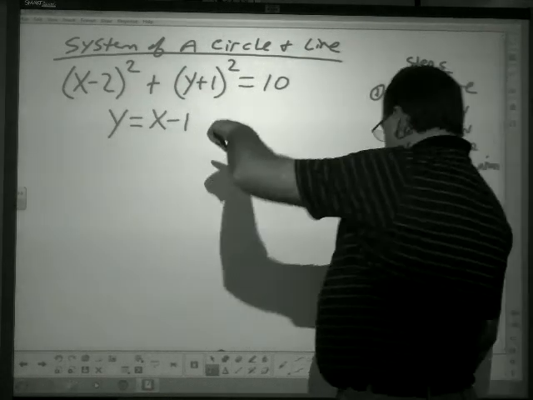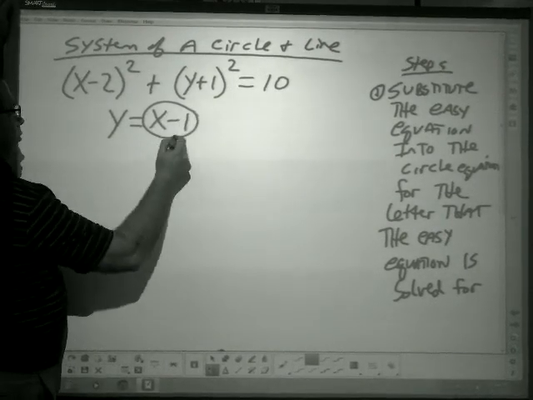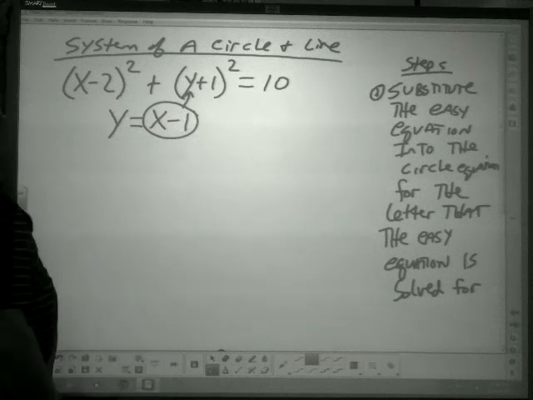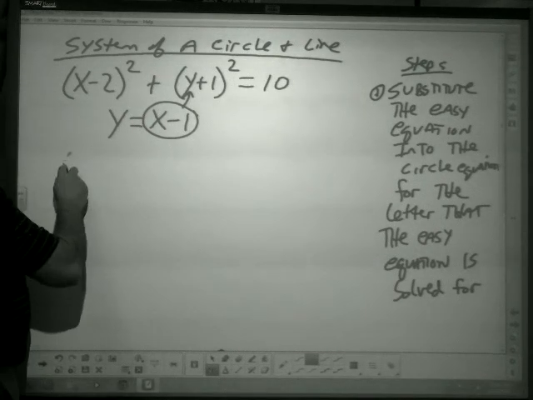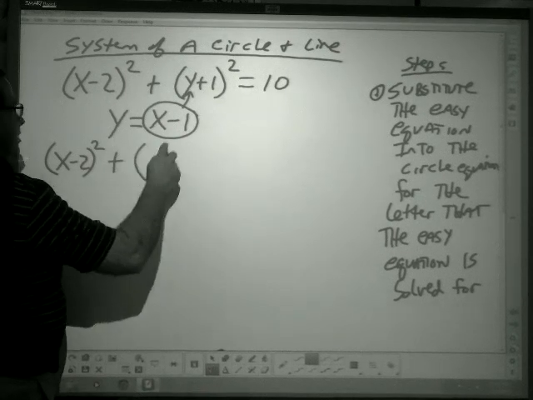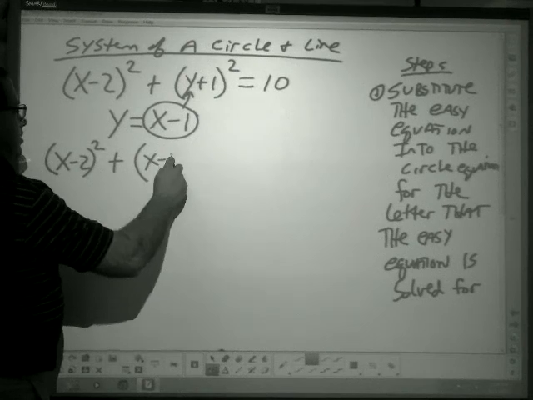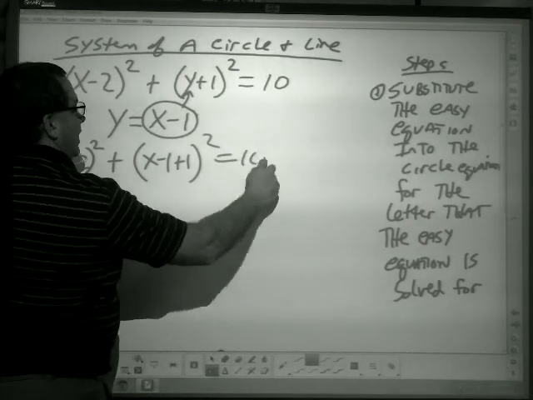So this is solved for y. So I'm going to take all of this and put it in where I see y. And I'm going to rewrite it. So (x minus 2) squared plus, for y, I put x minus 1, plus 1 squared equals 10.